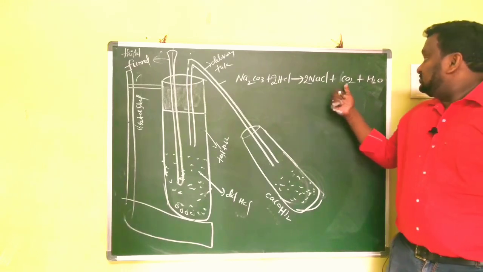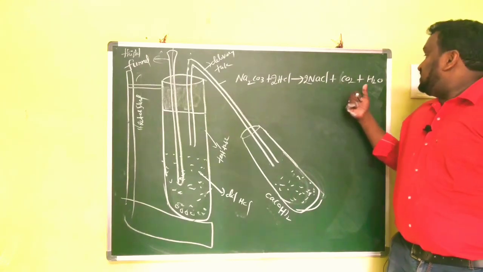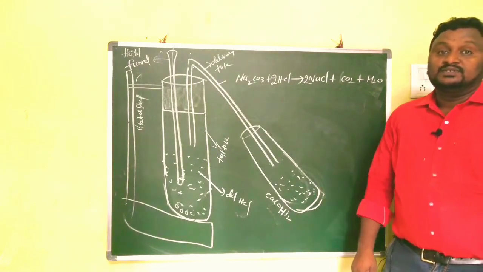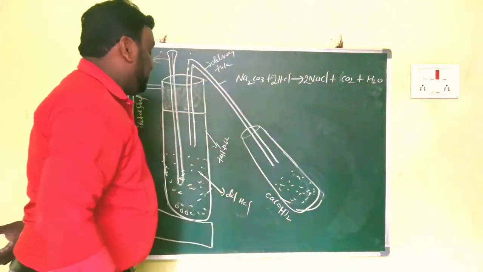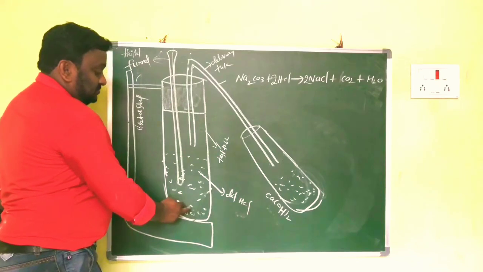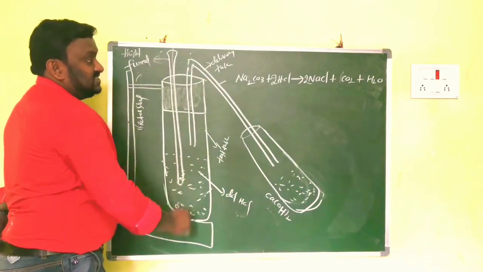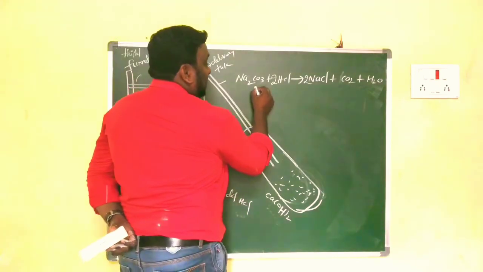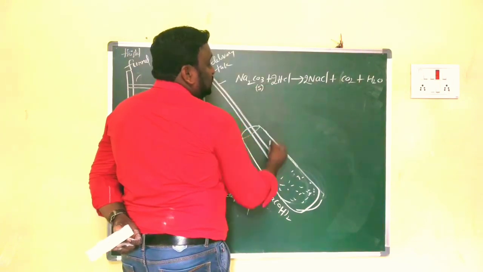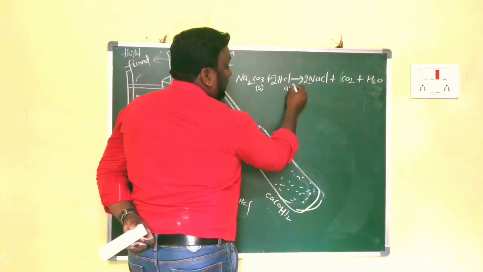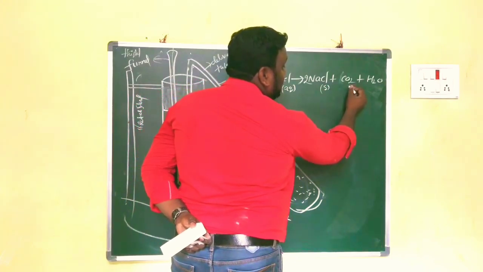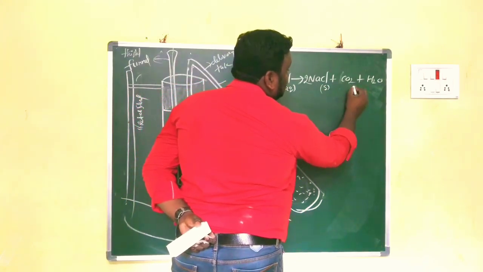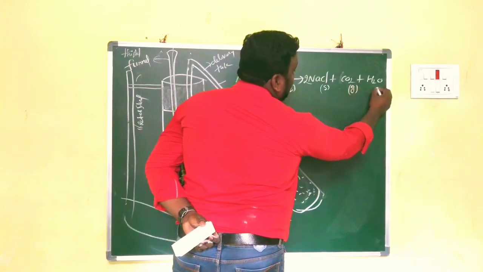NaCl, salt, carbon dioxide, gas, and water. That is the reaction happening between sodium carbonate and HCl. Na2CO3 is solid, HCl is aqueous, NaCl is solid, CO2 carbon dioxide is gas, and this is liquid.